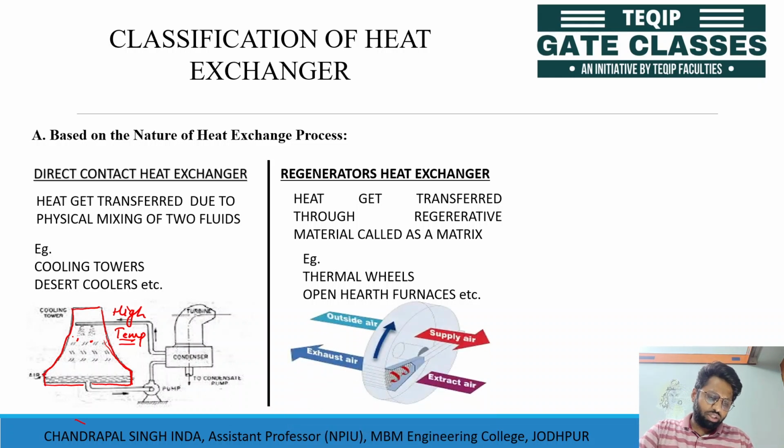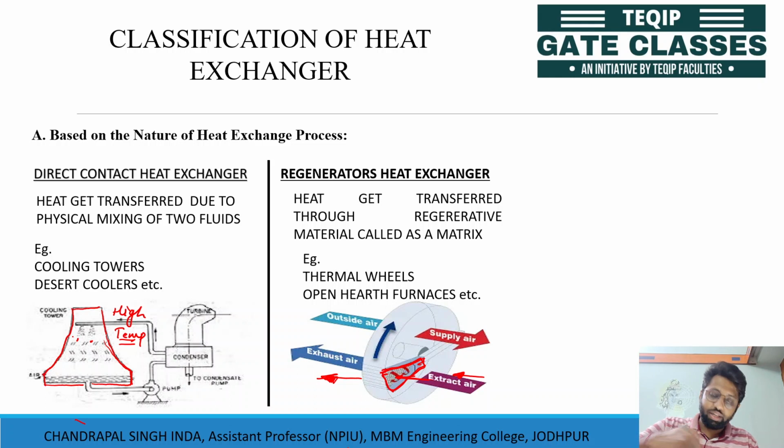So this is an example figure of the thermal wheel, in which we can see that the exhaust air, which is at a high temperature, is first allowed to flow through this matrix material, which is given in the cross section, and the exhaust gases leave through this point.